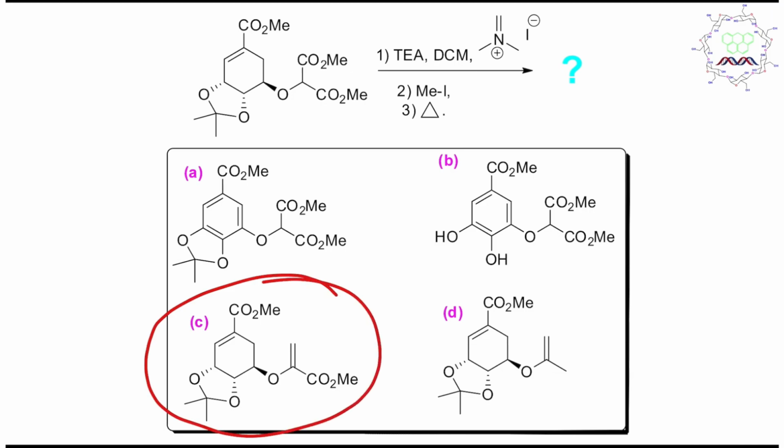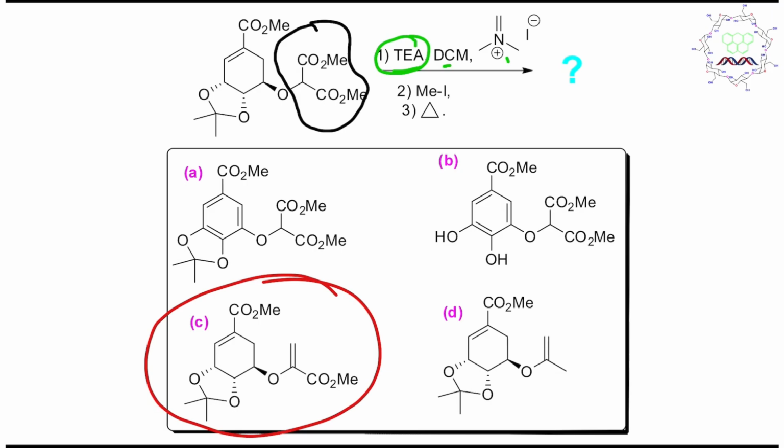Now if this question is asked in your exam, how can you conclude the right answer in less than 30 seconds? For that purpose you need to be a little fast to understand the reactive center. What is asked in the first step, as I told, this is electrophile, this is base, DCM as solvent. So triethylamine is a base where the acidic protons are there, obviously here, because it's an active methylene group.